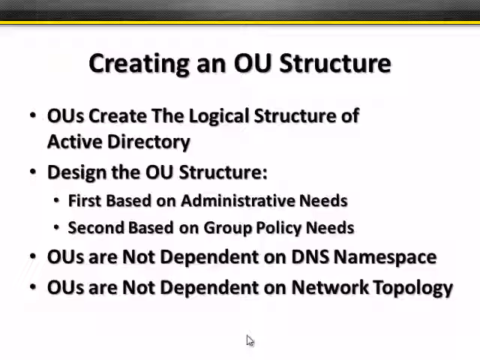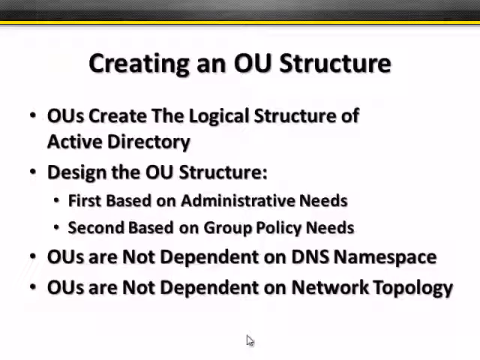When you're designing the OU structure, as far as Microsoft is concerned, your first priority should be administrative needs. So we want to use the organizational units to divide up our logical resources according to how we plan to support them.